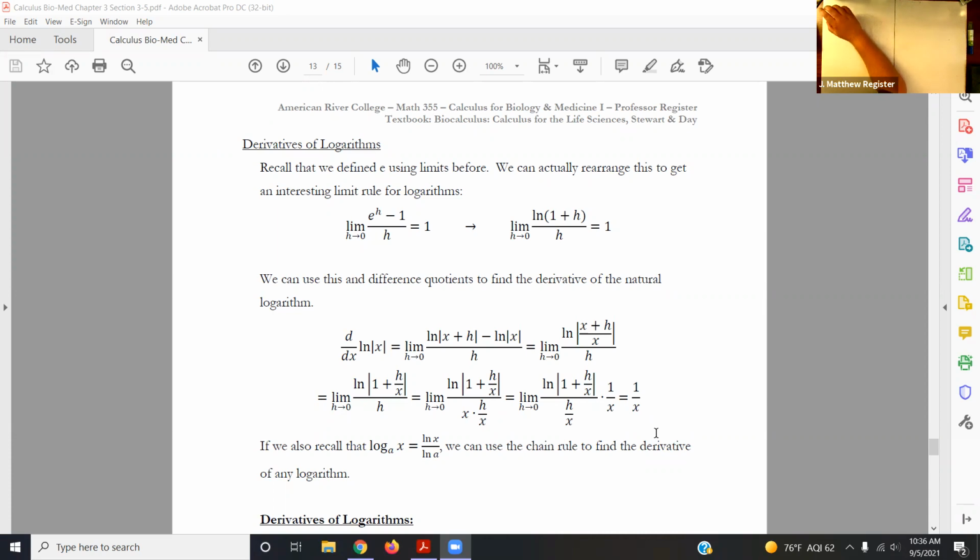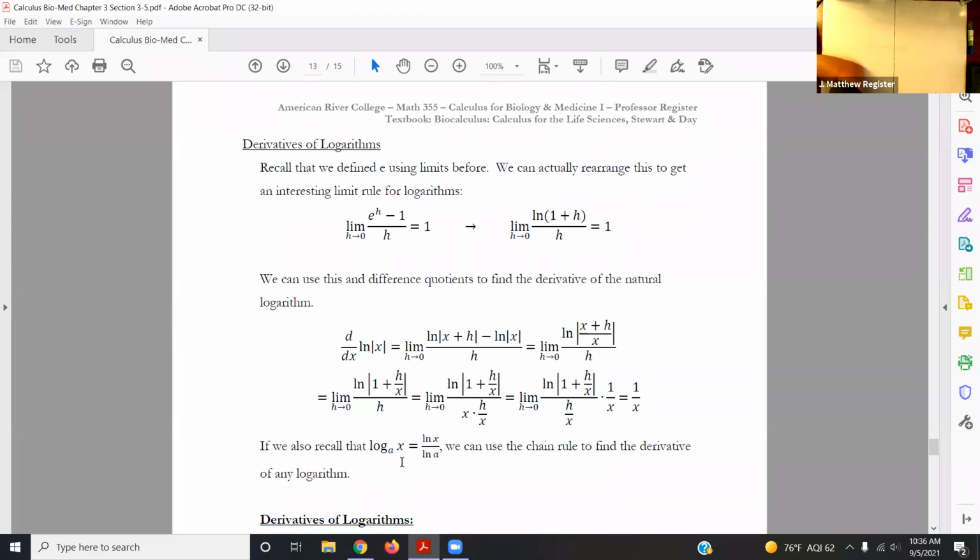The key difference between the two is what the domain is. The domain of natural log of absolute value of x is all real numbers except for 0. If we did not have the absolute value, it would just be a domain of positive real numbers. In either case, though, the slope is just going to be 1 over x.